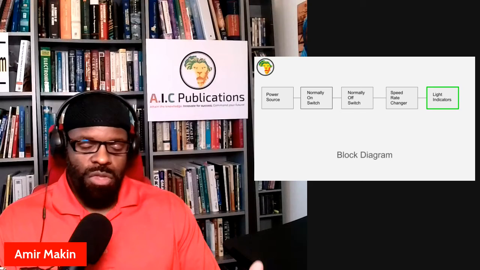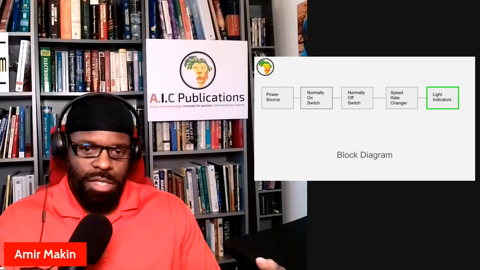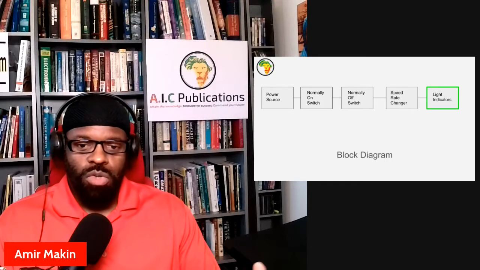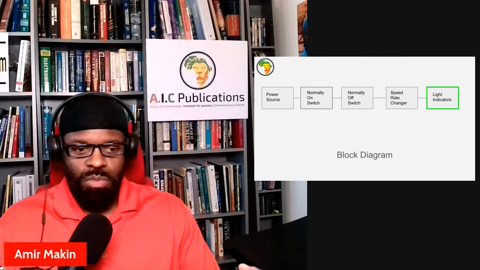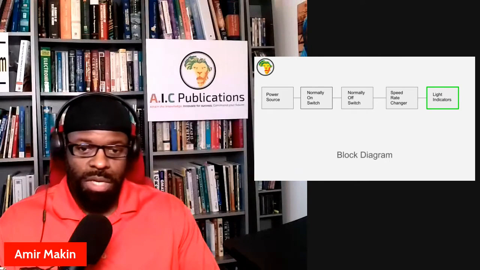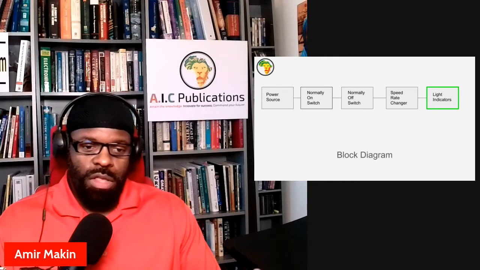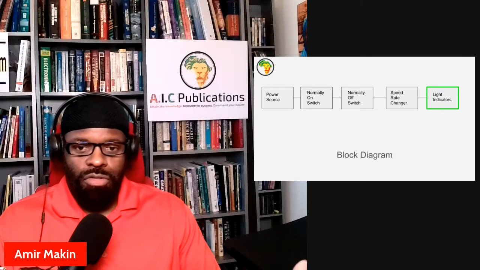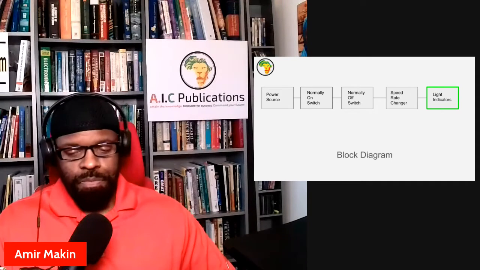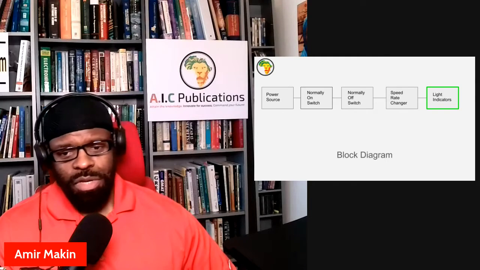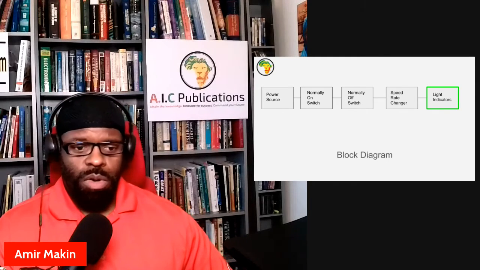The reason why we do a block diagram is so that we can actually take our ideas out of our brain and put them onto paper so that we can formulate everything that we want to do, so that when it goes to being produced on a mass scale, or we want to have a patent for it for whatever reason, people will be able to follow our thought processes. All right. And be able to troubleshoot it later because we're going to forget certain things. So we start off with what we want to do.